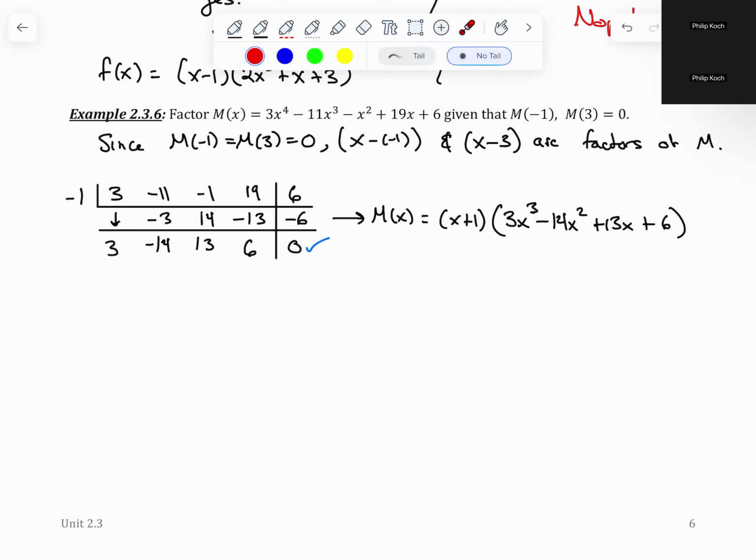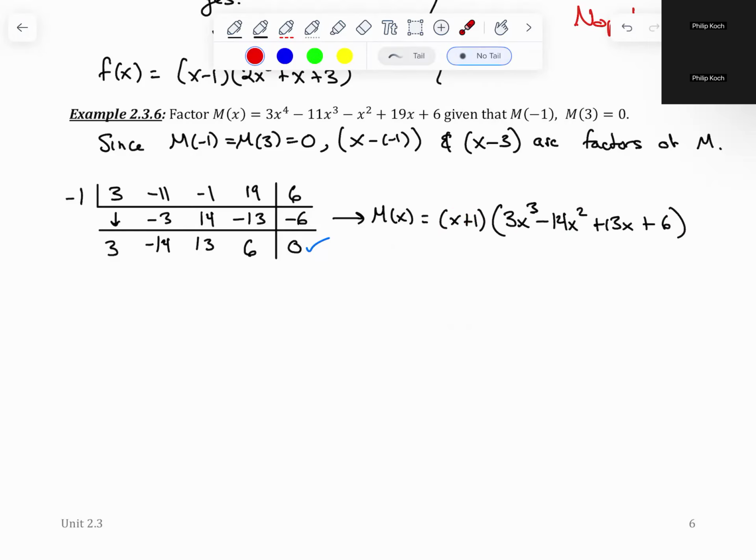And since m of negative 1 equals 0, if you plug in negative 1 here, you'll get some number times 0, and it equals 0. But the same is true with 3. If I plug in 3 here, it'll be 4. And what do we know about the zero product rule? If it equals 0, then one of the factors must equal 0, right?